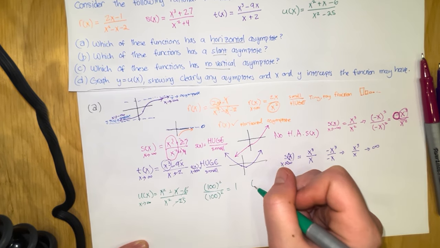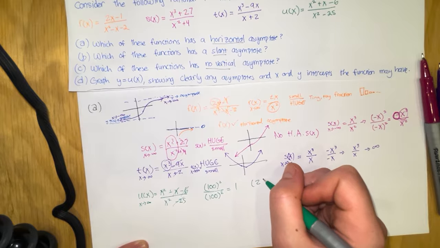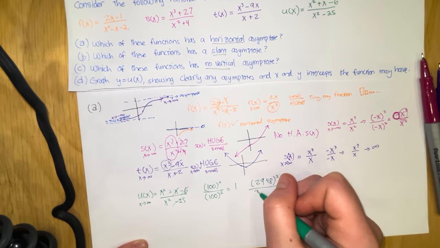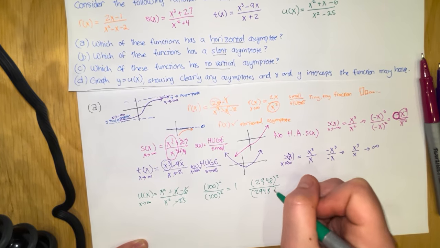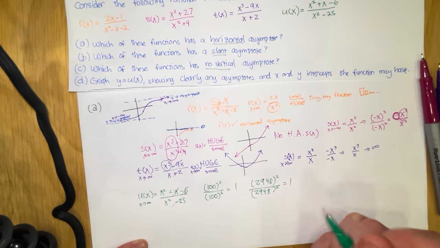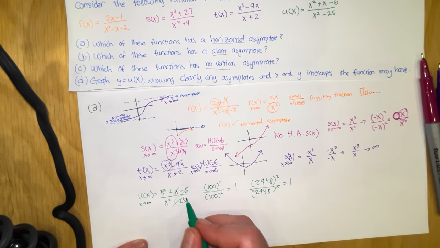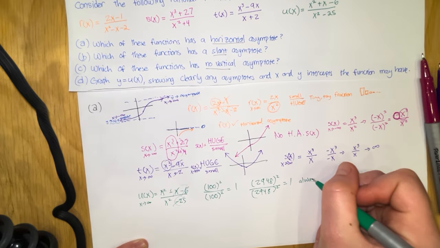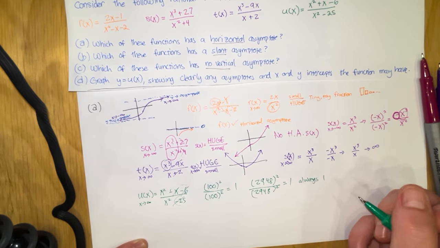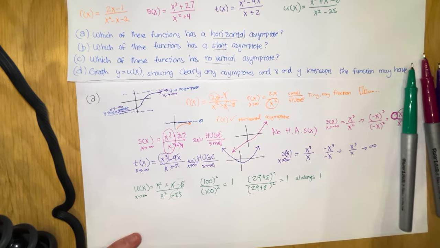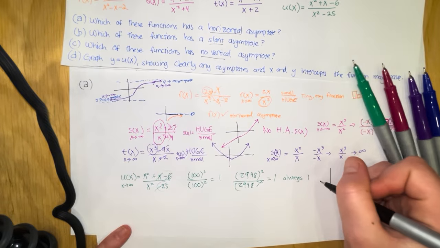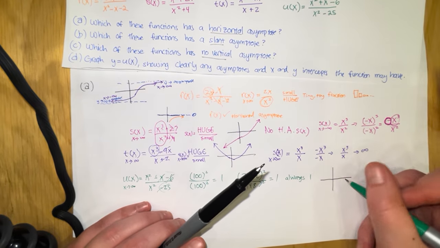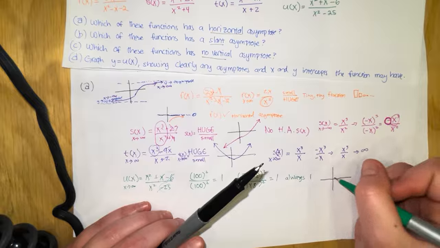If x is 2,948, then 2,948 squared over 2,948 squared equals 1. So if these other terms aren't mattering so much, what we're left with is always 1. That means as we get closer to infinity, our graph will be approaching 1.